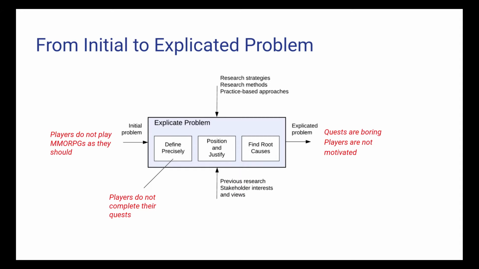We then positioned and justified this problem, and we identified root causes, two of them. Quests are boring and players are not motivated. And this is now the explicated problem, and it's much easier to address this problem, to do something about it, than it is to do something about the original initial problem.